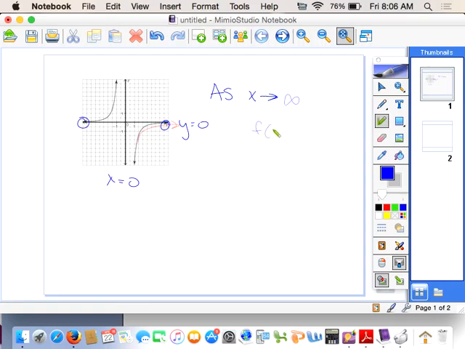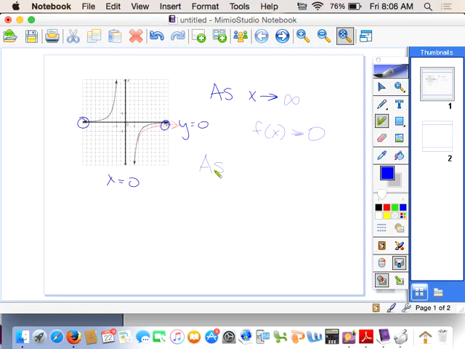Well, our output is approaching our horizontal asymptote of 0. Now remember that horizontal asymptote means that this function is approaching this. It's never actually going to reach it because an asymptote is that untouchable line. It's that untouchable value. So as x approaches infinity, f of x approaches 0.